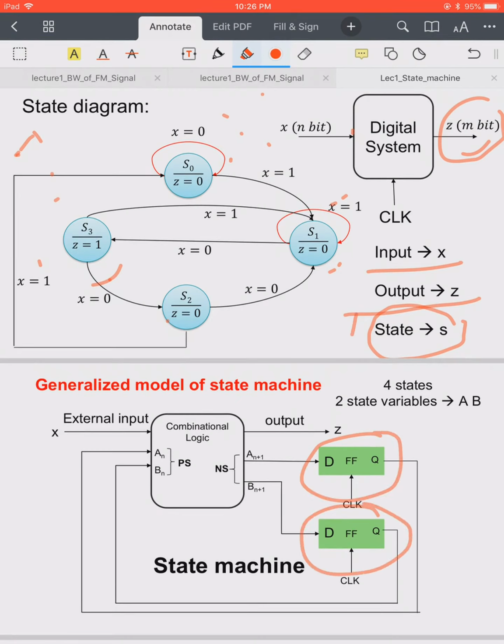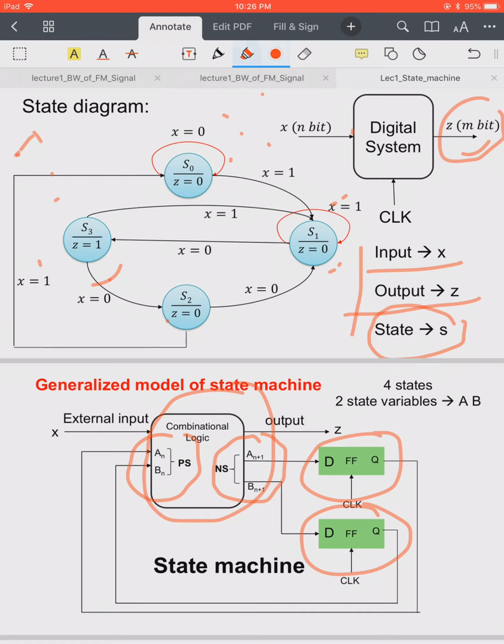So this is my system. It is taking external input and producing output, and it has a present state and a next state, right? It is going from present state to next state.